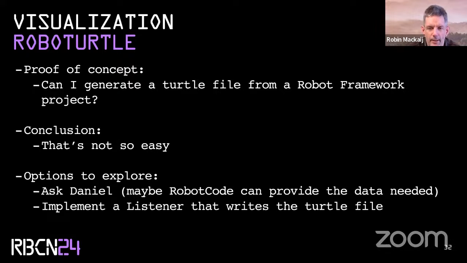Another idea I had was to implement a listener. With the new listener implementation in Robot Framework 7, it should have most, if not all, of the information that you would want in such a turtle file.